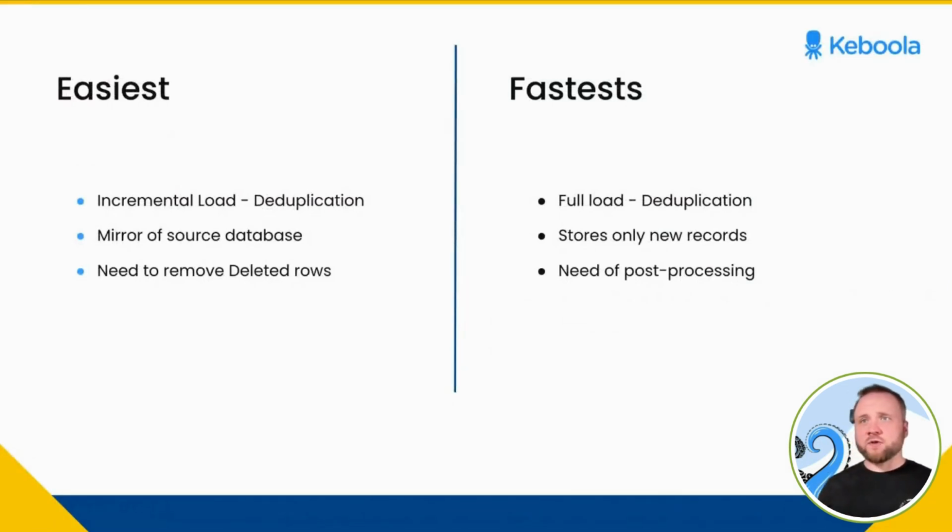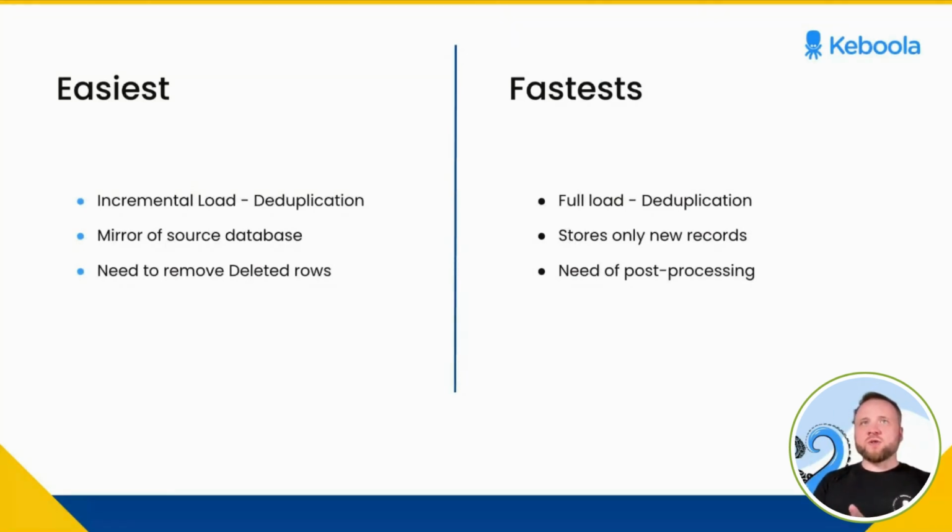Long story short, Vojto, it was too complicated. Give me what I have to set up there. So the easiest way is incremental load with deduplication. If you choose incremental load with deduplication, it will create a mirror, a one-to-one copy of your source database with additional columns like KBC__ as I showed you.